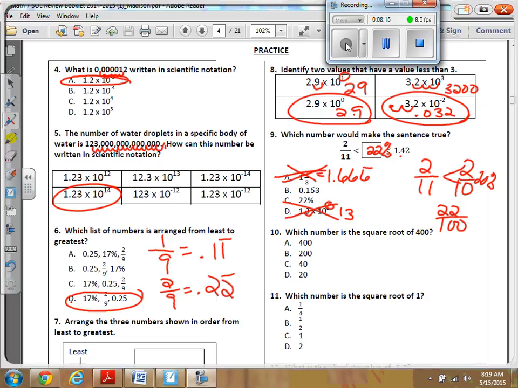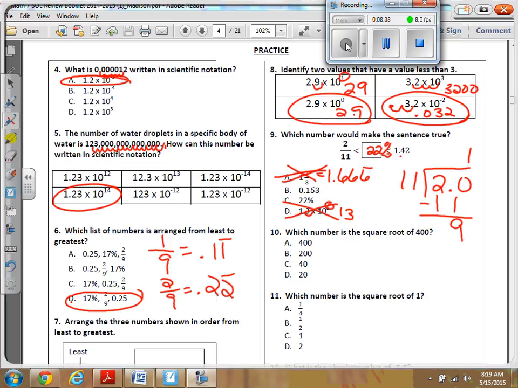You could do 2 divided by 11 to help you. You're allowed to divide fractions, but you cannot use a calculator. So you could do 2 divided by 11. Can 11 go into 2? No, so you add a decimal and a 0. Can 11 go into 20? Okay, how many times? What's 20 minus 11?